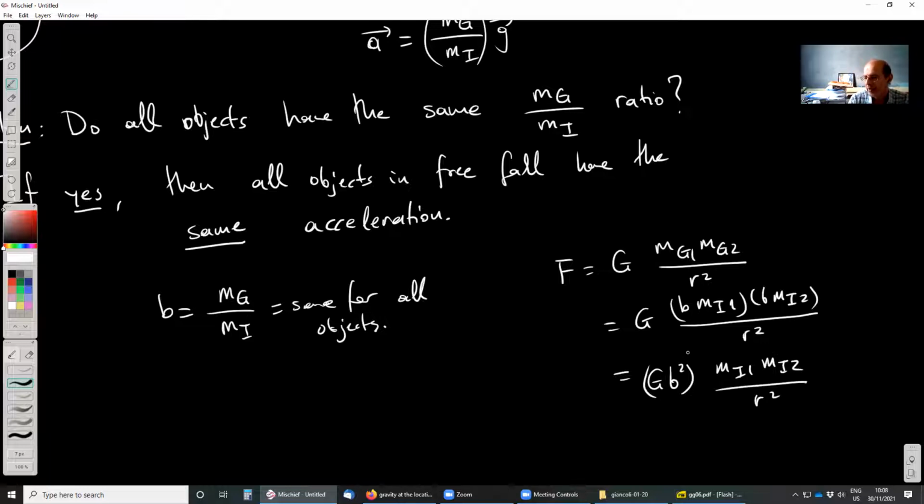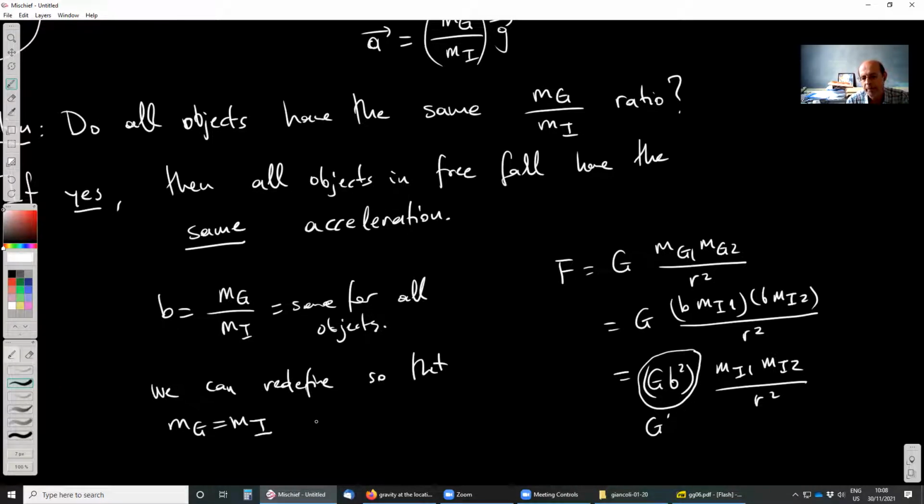So by just redefining the gravitational constant, I can redefine the gravitational mass as equal to the inertial mass, so that mg is equal to mi. And that basically corresponds to B equals 1.